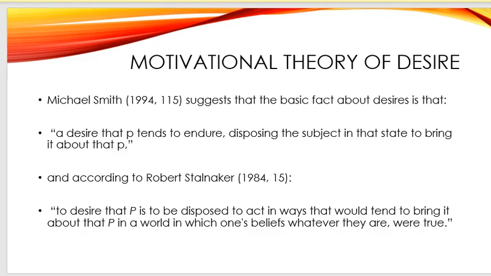So Michael Smith argues that a desire that P tends to endure, disposing the subject in that state to bring about that P. So what does that mean, right? If I want something, then I want a state of affairs to occur in the world. I want the world to be a particular kind of way.